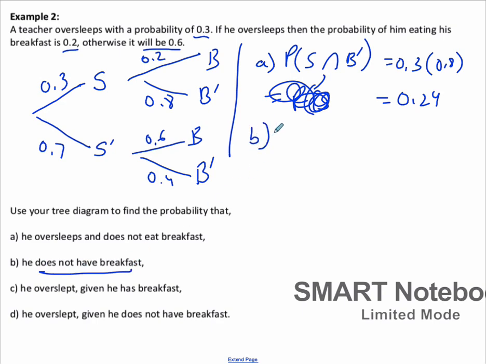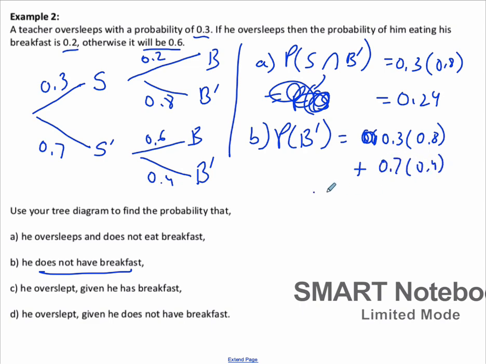Now for the probability he does not have breakfast, we have to add the other branch, because he could oversleep and not eat breakfast, or he could not oversleep and not eat breakfast. So we have to do 0.3 times 0.8, which we have from before, plus 0.7 times 0.4, which is 0.24 plus 0.28, which is 0.52, or 52%.